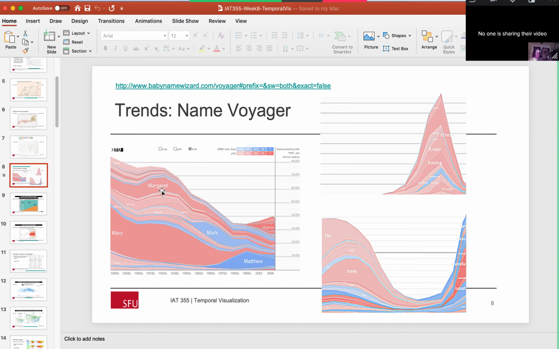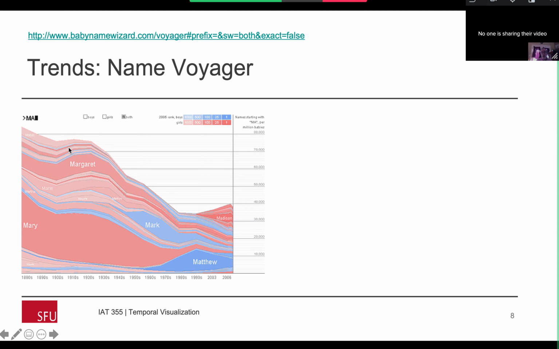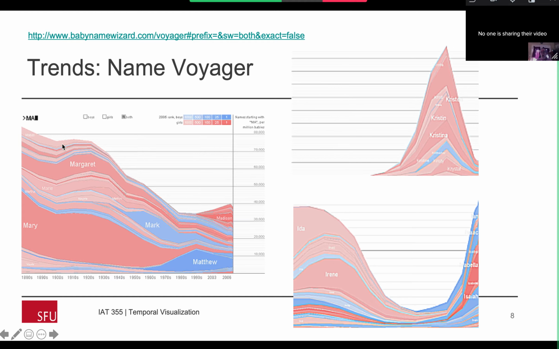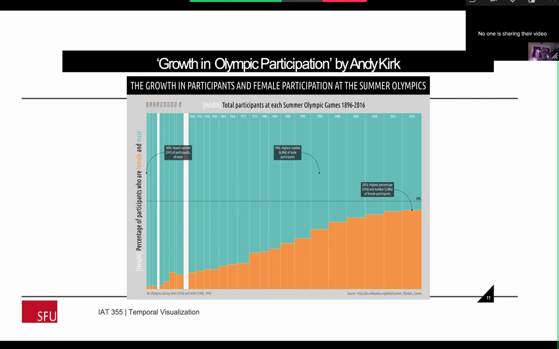But we can treat it as continuous data and draw something approaching a continuous line chart, although you can see the segmentation of the line segments here. Let me make this full size again. Every 10 years the census is done and they're recording the names according to the census year, but we're just essentially treating this as continuous data in this case.